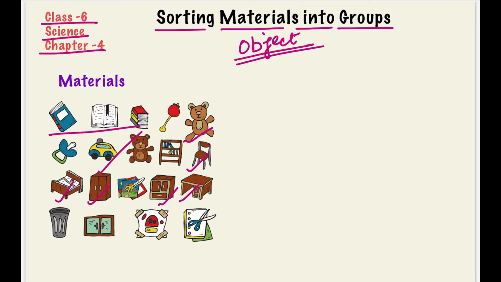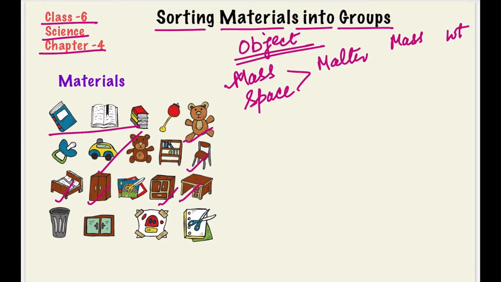Now anything which has some mass and occupies space is called matter. Now this mass and weight are different things. Mass is constant always, but weight can be changed due to gravity or gravitational force.